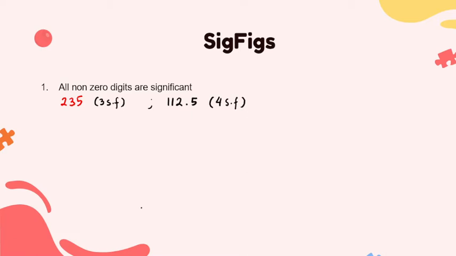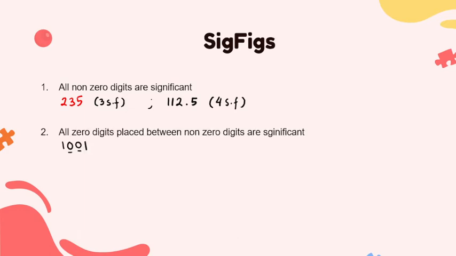The next one, all zero digits placed between non-zero digits are significant. So, for example, I have 1001. These two zeros were placed between the non-zero digits. Jadi ada angka 0 yang ujung-ujungnya nanti bukan 0. Ya. So the zero here will be considered as significant figures.